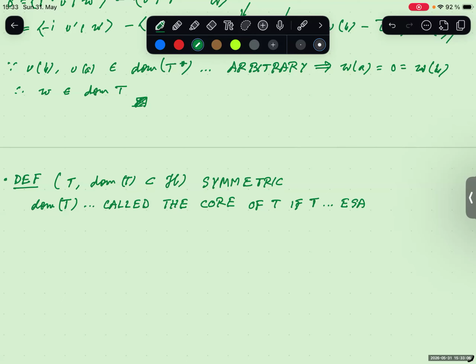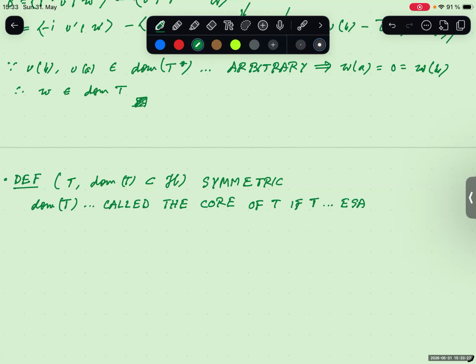In other words, the domain of an essentially self-adjoint operator is called the core of this operator. Instead of repeating this whole sentence, you use one word, core. So core is the domain of an essentially self-adjoint operator.